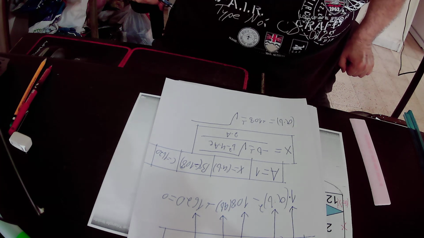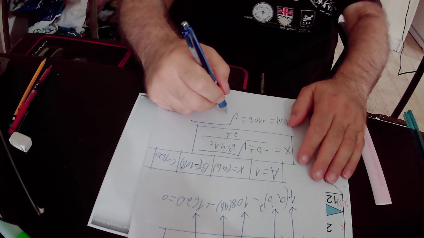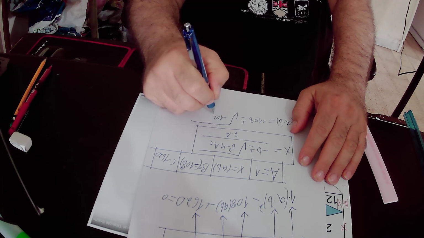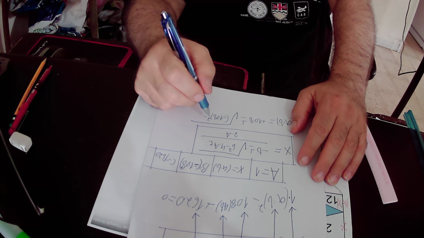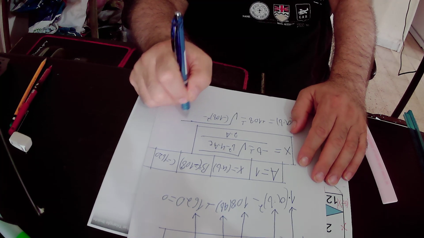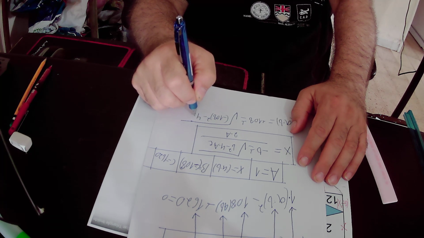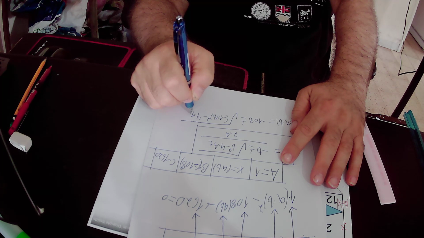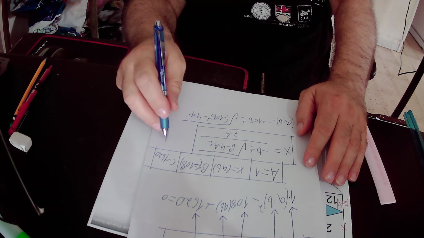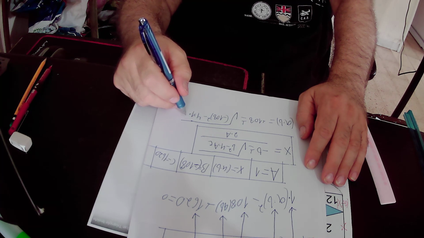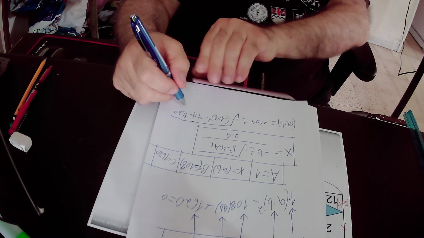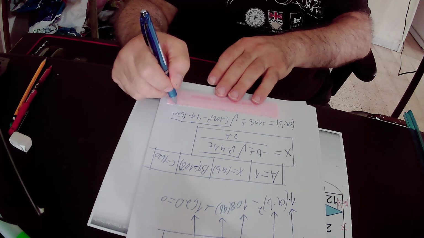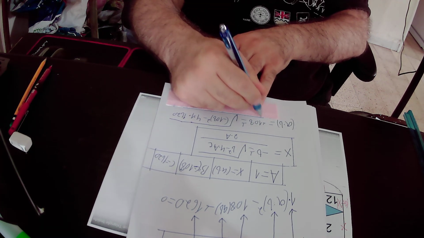B equals negative 108, so it is negative 108 squared minus 4 times a times c. 4 times a is 4 times 1 because a equals 1, times c equals 1620, so it is 4 times 1 times 1620. All divided by 2 times a, and a equals 1, so it is 2 times 1.